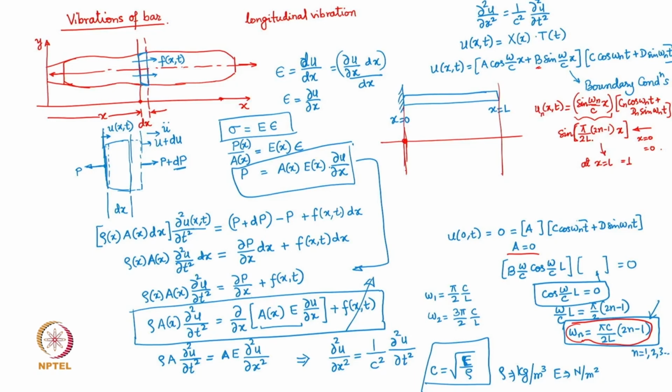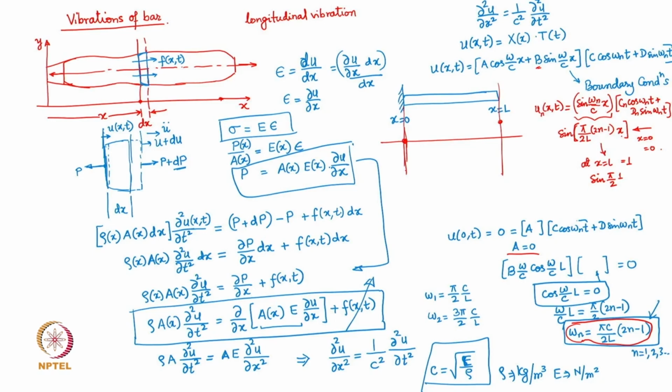But how much for the first mode? So we are looking at the first mode shape, so sine pi by 2, because 2n minus 1 is equal to 1. Sine pi by 2 is actually 1, and therefore the longitudinal displacement at x equal to L is equal to 1 unit, right?